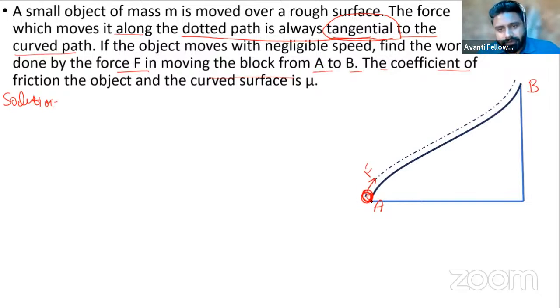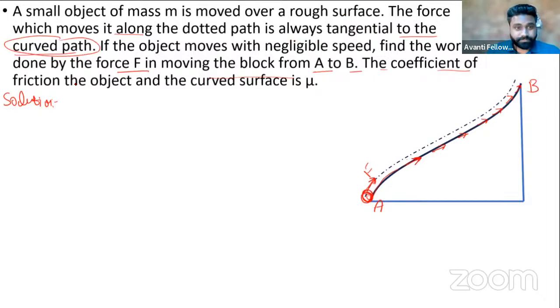Now the displacement, the path that we have taken, is not constant. It is curved. Each and every time the force is changing direction, but in every situation it is always along the displacement vector, because it is a tangential force, always tangential to the curved surface.